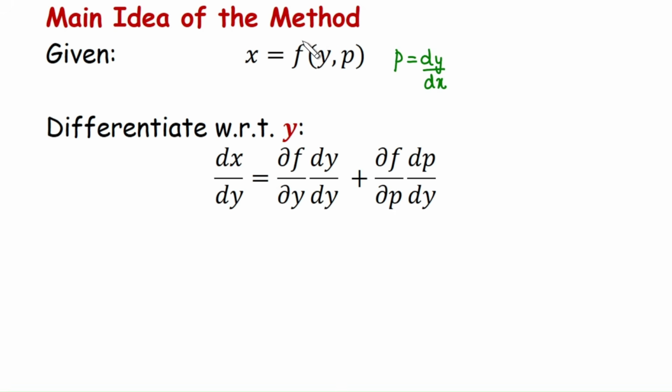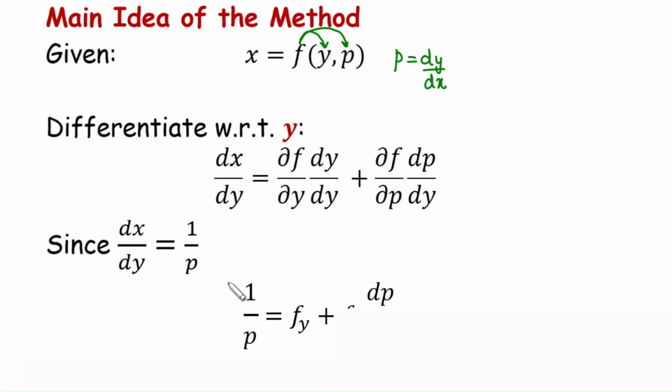In the chain rule, first we take the partial derivative of the function with respect to y, then the y derivative with respect to y, plus the partial derivative of the function with respect to p, then the p derivative with respect to y. The value of dy by dy is equal to 1. As we know that dy by dx is equal to p, it means dx by dy is equal to 1 by p.